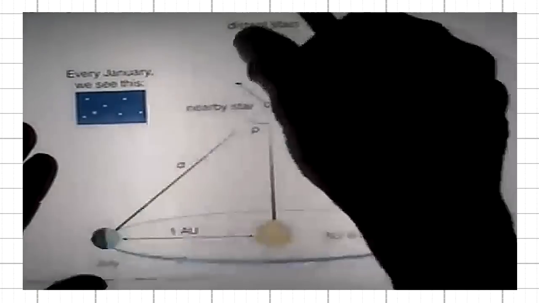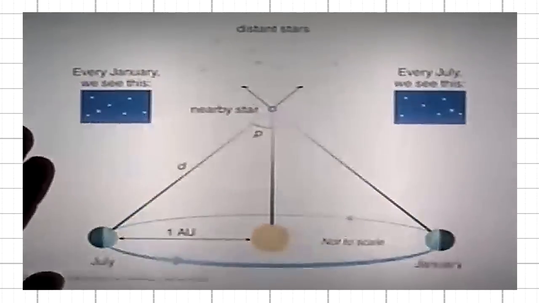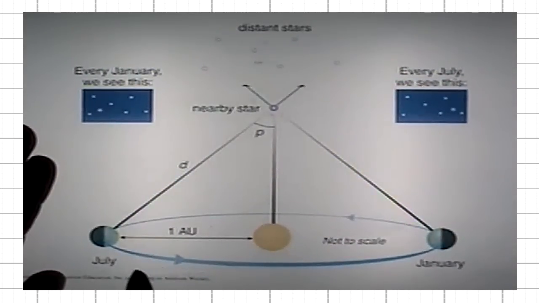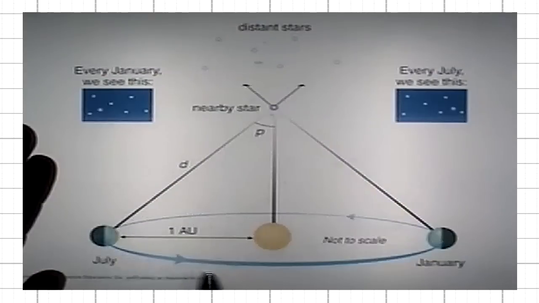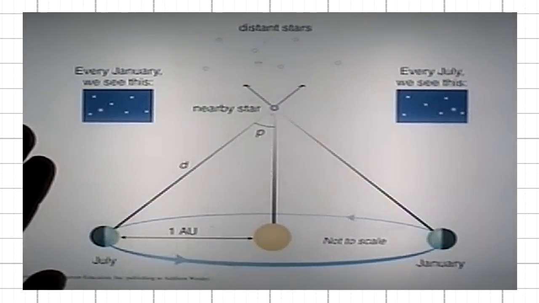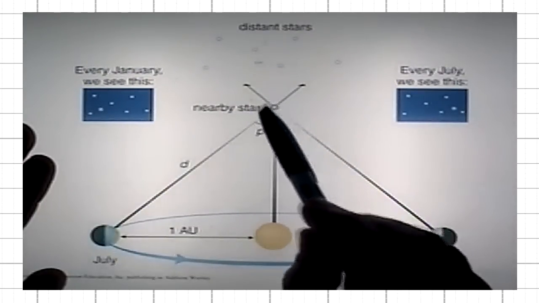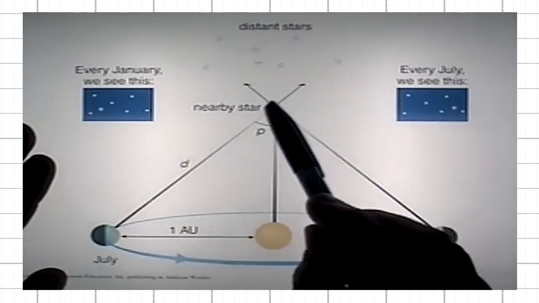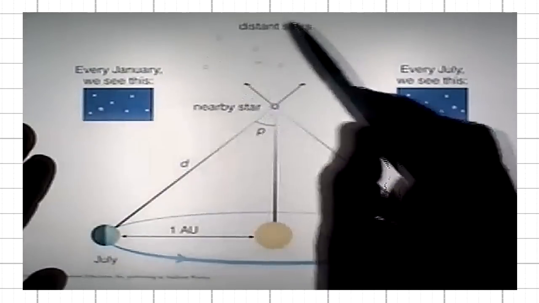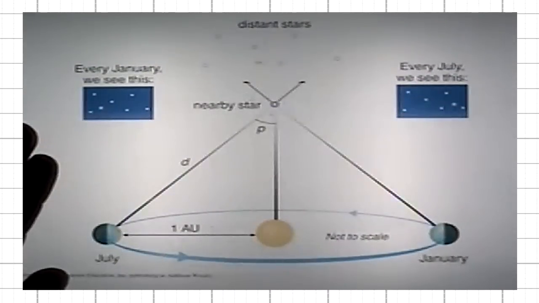Now, the argument goes as follows. If indeed the Earth was revolving around the Sun at a distance of 1 astronomical unit, then suppose that we have one star that is closer to us than a group of stars behind it.